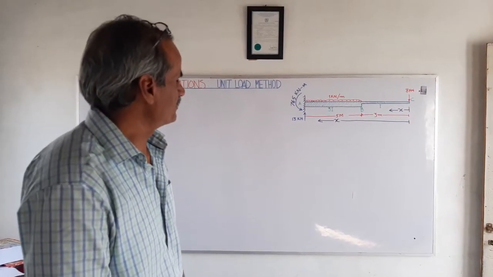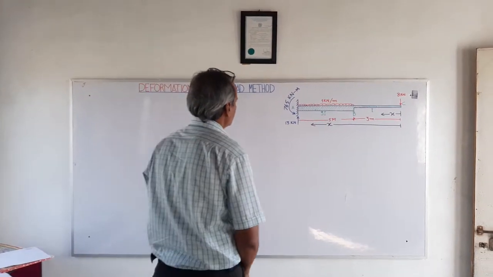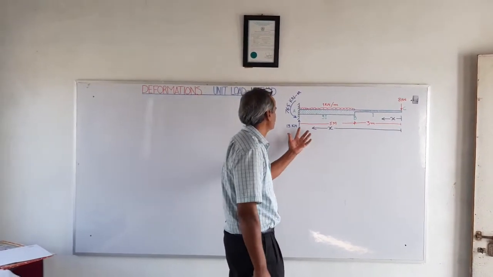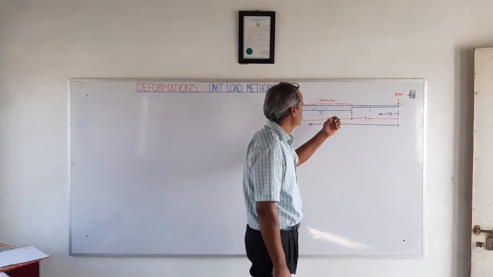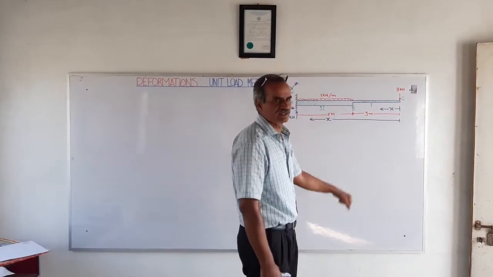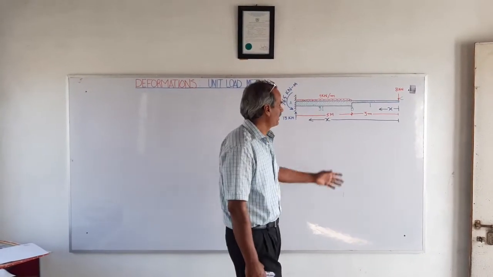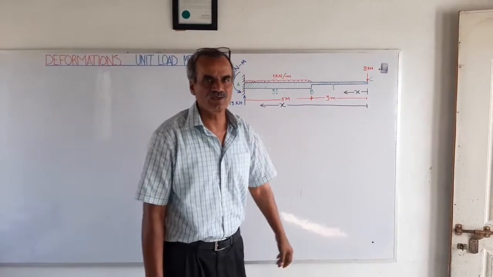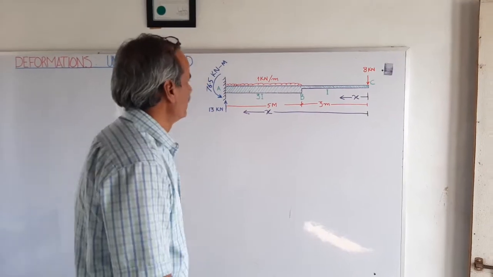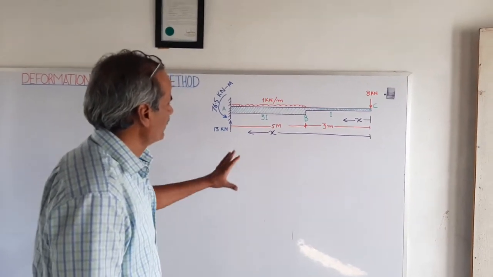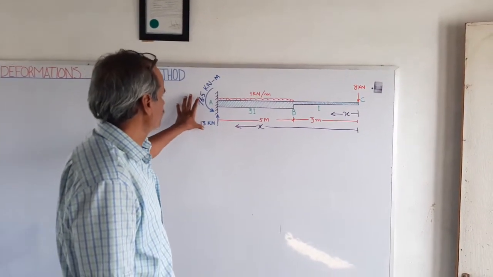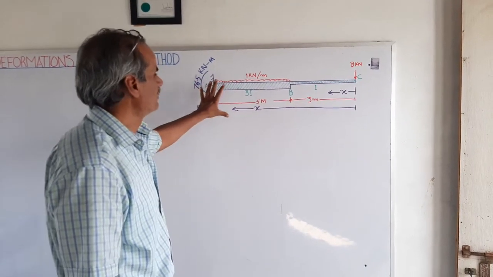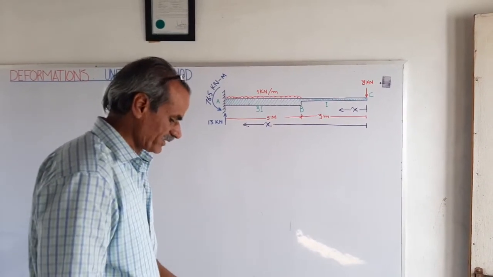The first portion, AB, is subjected to 1 kilonewton per meter, and the free end is subjected to 8 kilonewton of load. Well, I have found out the reactions over here, and now we see what the requirement is.